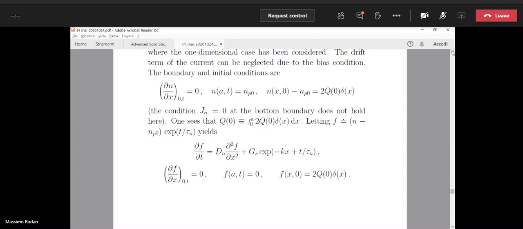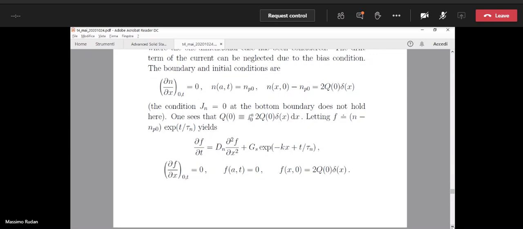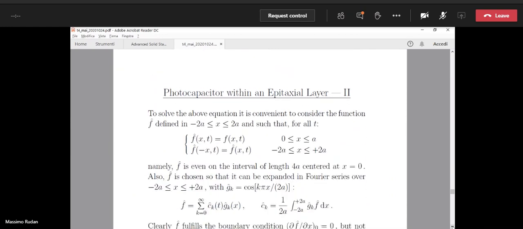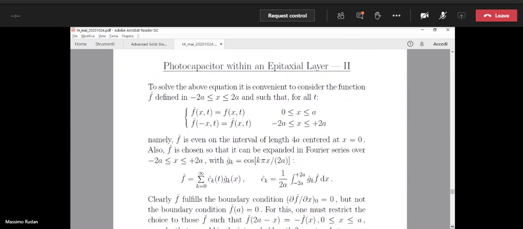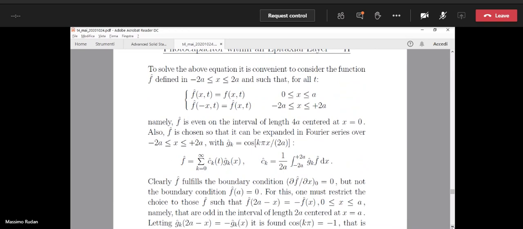So what we do is we replace f with the new function that we call f hat, that for convenience is defined in a somewhat larger interval, between minus 2a and plus 2a. So it is in a larger interval than the one that is of interest to us.